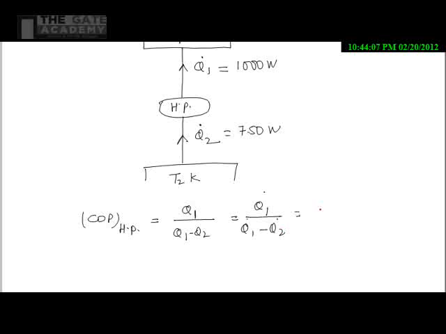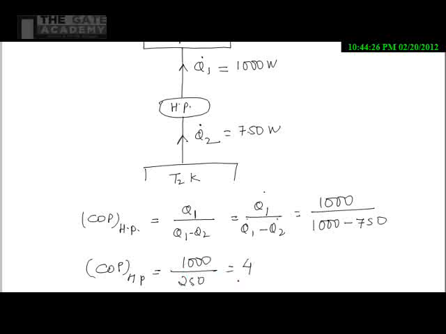So Q1 dot is 1000 minus Q2 dot is 750. So the COP of the heat pump will be 1000 divided by 250, so it will be 4. So the correct answer for this problem is that the COP of the heat pump is 4.